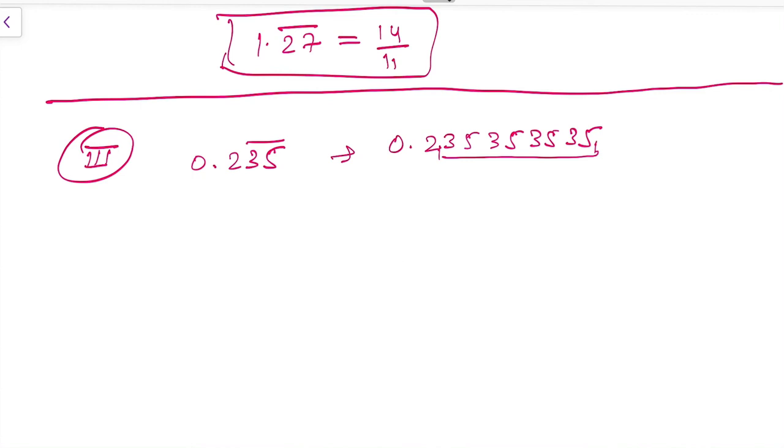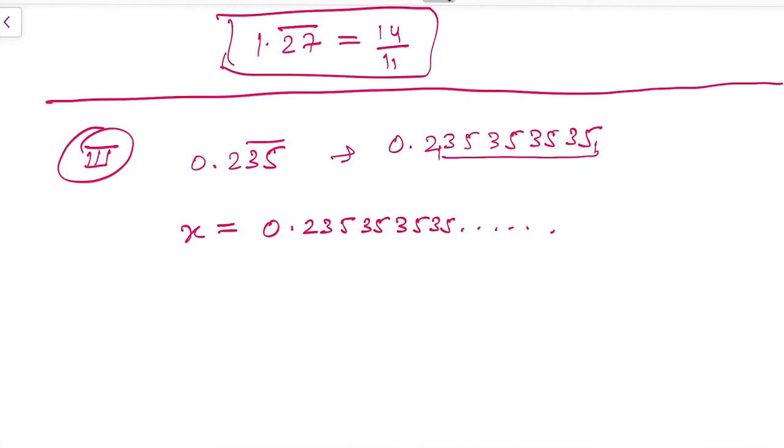To solve this type we also use the same method as the above two questions. We take x equal to 0.235 with the bar on 35 only, going till infinity.